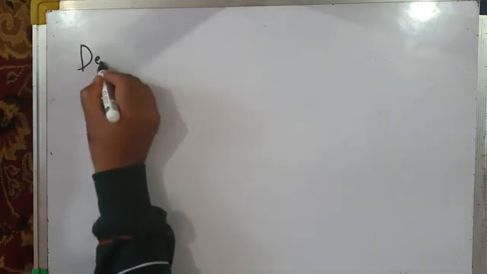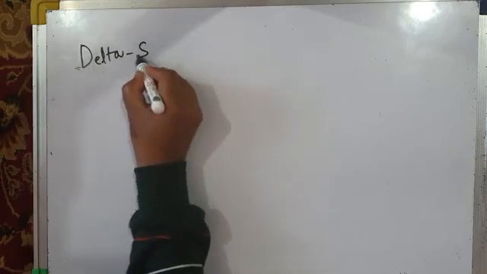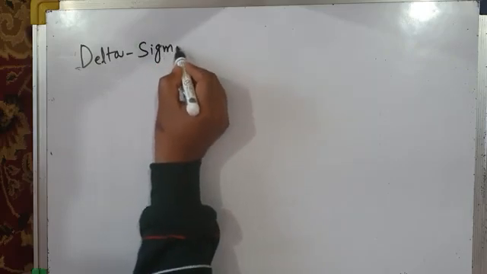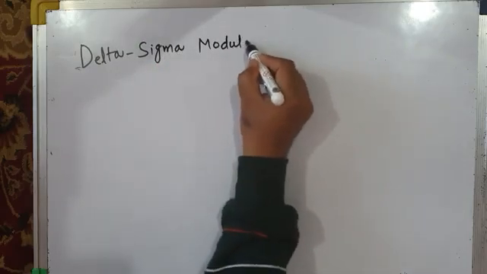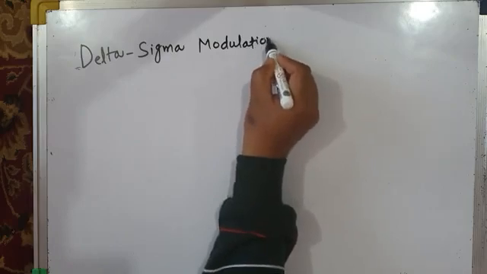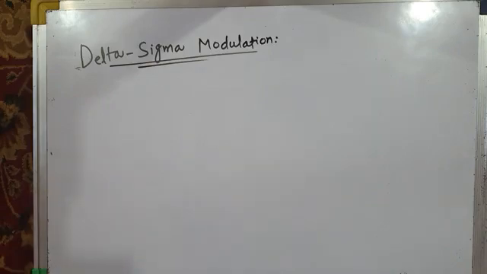So we are going to discuss the last topic, that is delta sigma pulse width modulation, or you can call it in very simple words as delta sigma modulation. This is the topic of discussion in today's lecture.